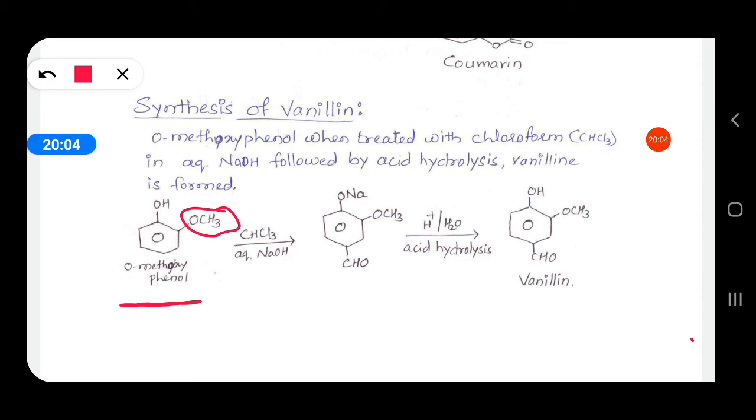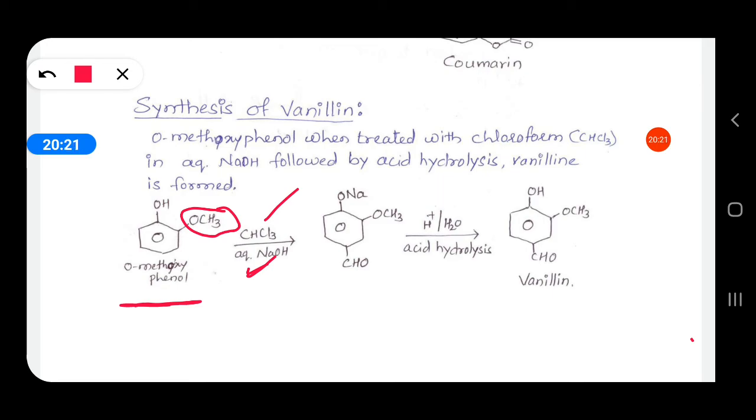So it is orthomethoxyphenol. When it is treated with chloroform CHCl3 and aqueous NaOH, that is NaOH dissolved in water, so aqueous NaOH, or alcoholic NaOH means NaOH is dissolved in alcohol.